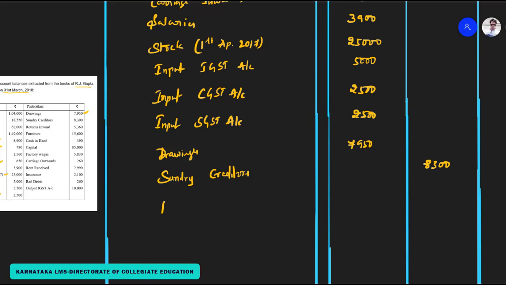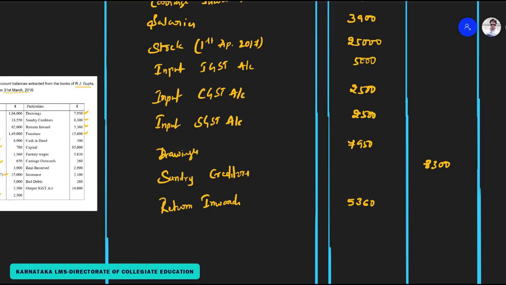And returns inward, that means sales returns. So sales returns must be written on the debit side, 1360. Now we have covered creditors and returns inward.